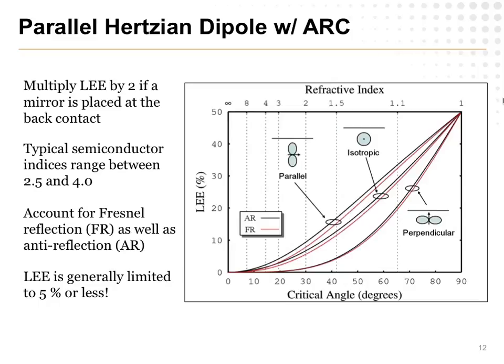So this is a really cool graph showing light extraction efficiency as a function of the critical angle on the bottom graph, or equivalently on the top we have the index of refraction. As the index approaches infinity, your critical angle goes to 0. And as your index goes to 1, which is space, your critical angle is 90 degrees. So it's actually 90, and then you spin around to make that cone, essentially.